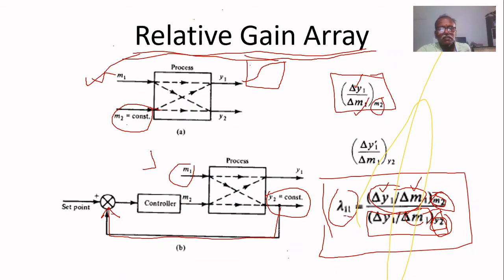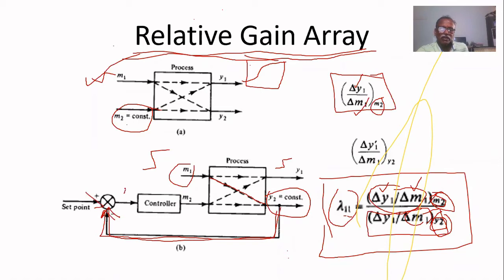Give a small change in m1, observe the change in y1. Initially it will change due to the direct effect, then it comes here. Because of that y2 changes, so that is fed back here.